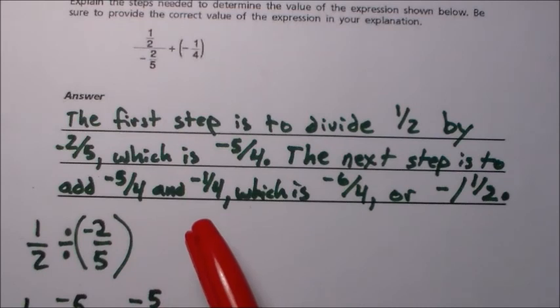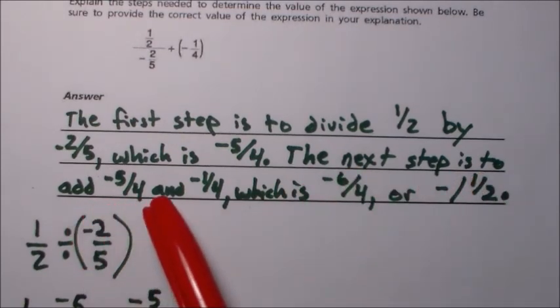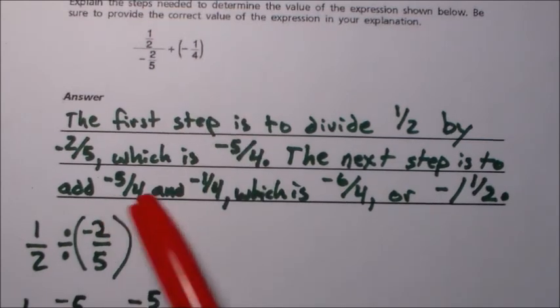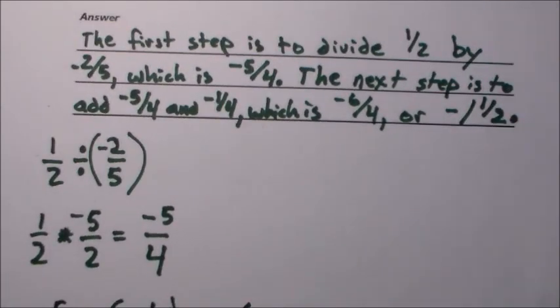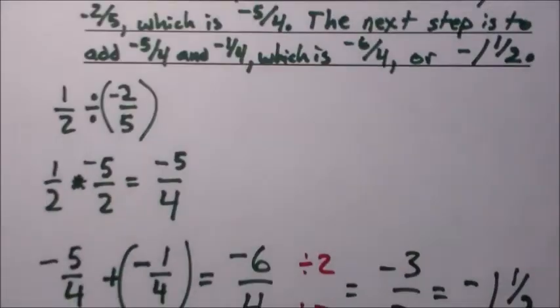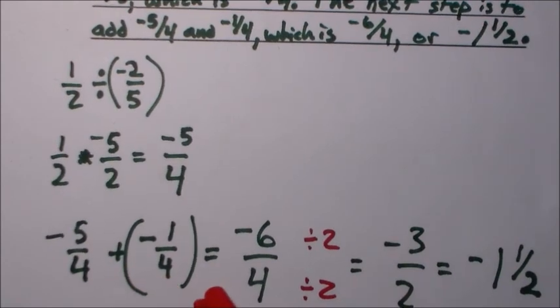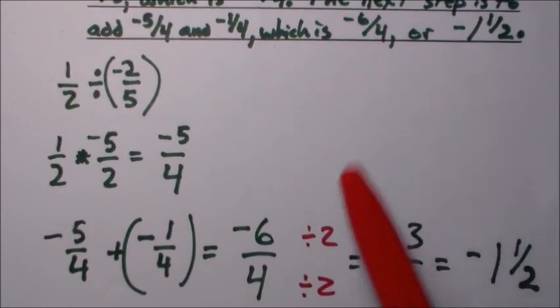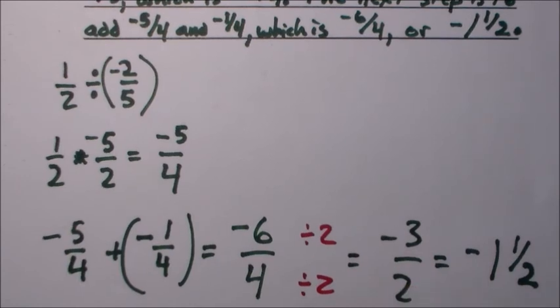You're going to add -5/4 and -1/4 together. -5/4 plus -1/4 equals -6/4. You can simplify that by dividing the numerator and the denominator by 2, and you get -3/2.